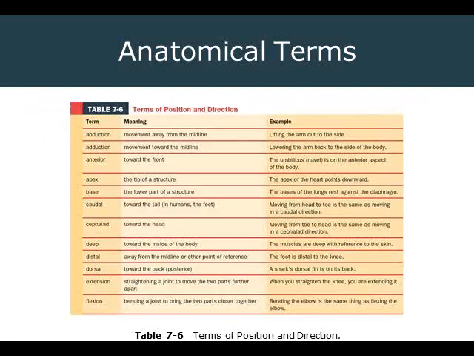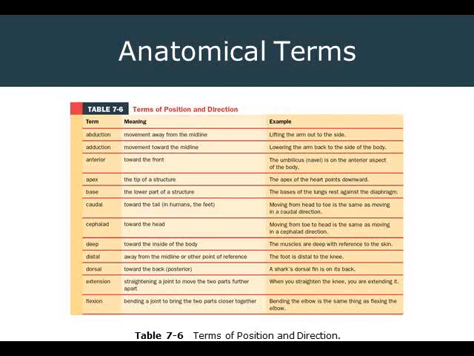So here's a few additional positional and directional terms to go along with what we have touched on from the pictures. These would include abduction and adduction. These are the opposite of each other. When you have, let's say your child is taken away from you, they are abducted.